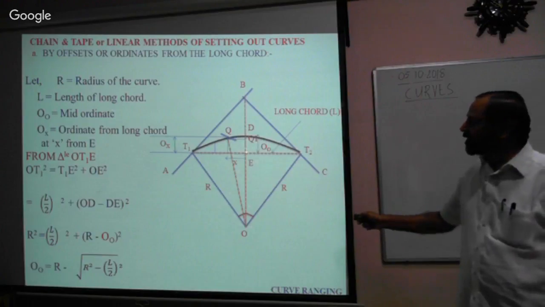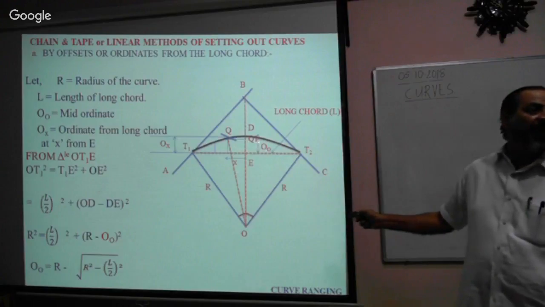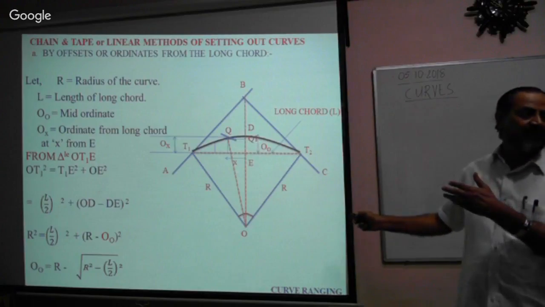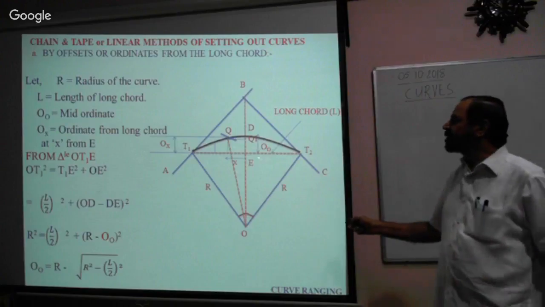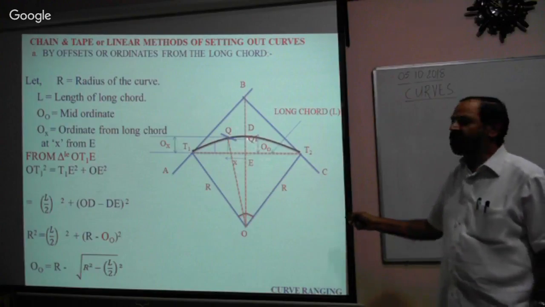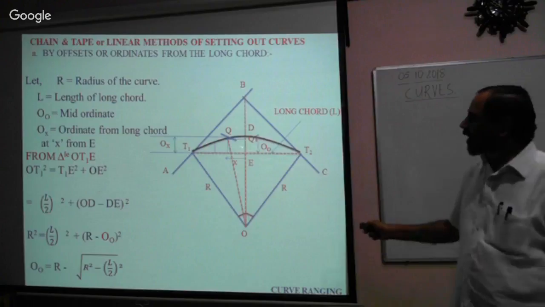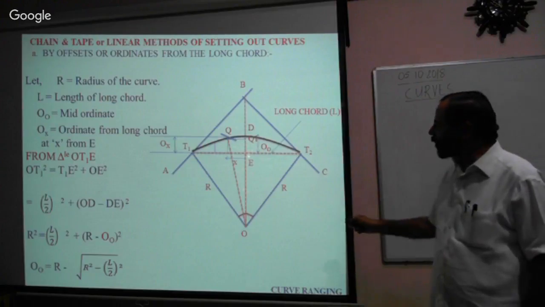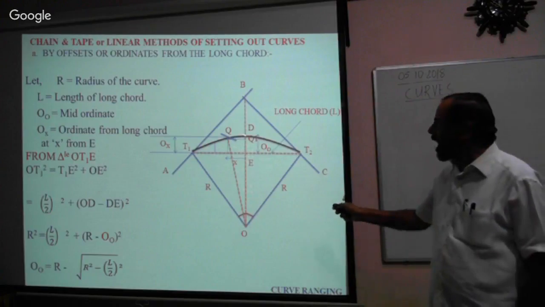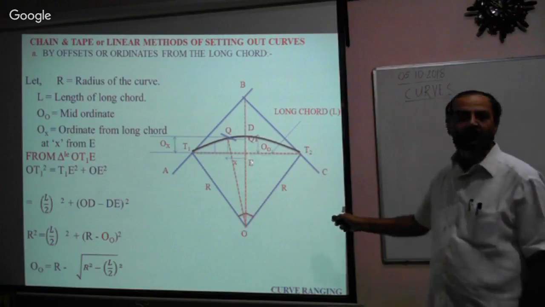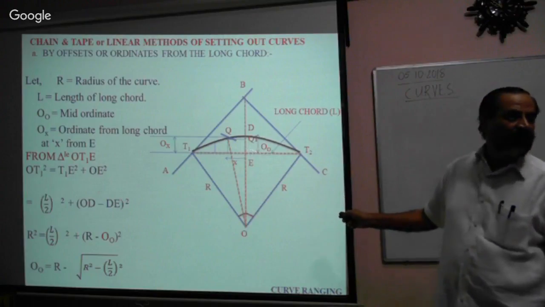Now from here to here, what is this distance? Mid-ordinate, already we have calculated. It is the versine. Therefore, OE is equal to R minus OO.